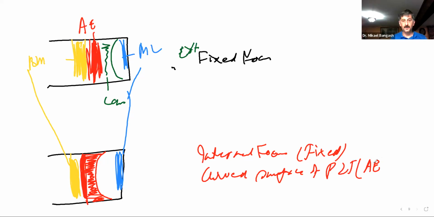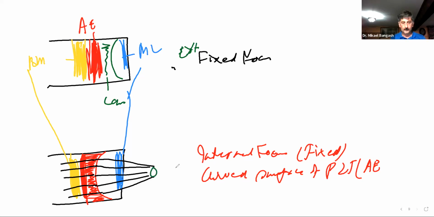That is going to cause the sound waves, as they hit this, to start converging and reach a fixed focal point.